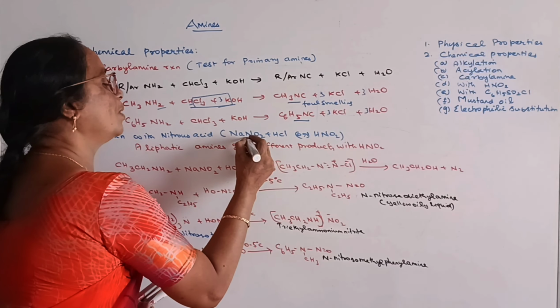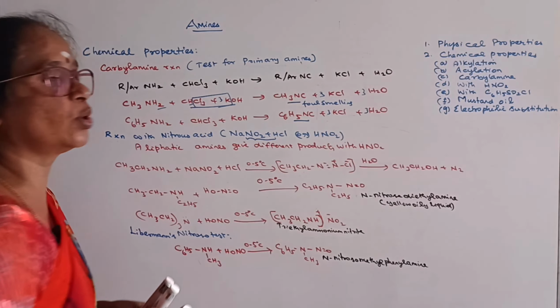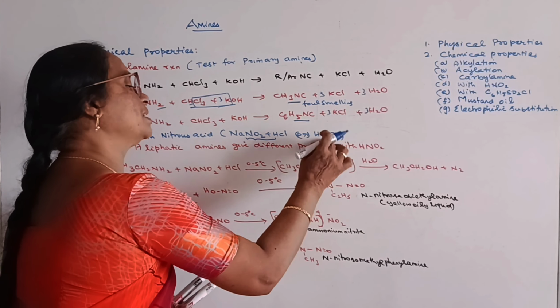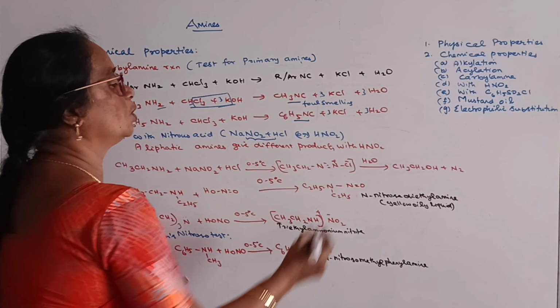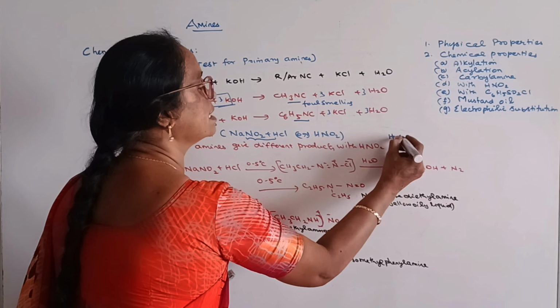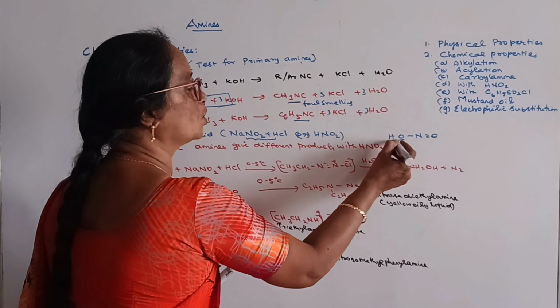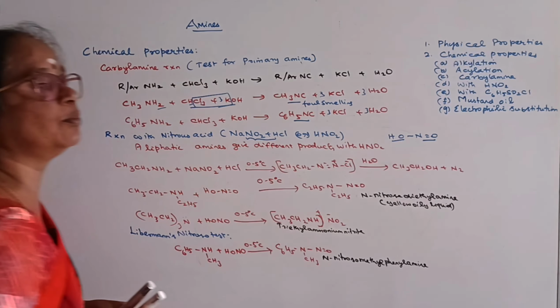Nitrous acid is actually taken as the mixture of sodium nitrite and HCl, or else you can represent nitrous acid as HNO2. The structure of nitrous acid is HON double bond O. This is the OH group and it has one N double bond O group.